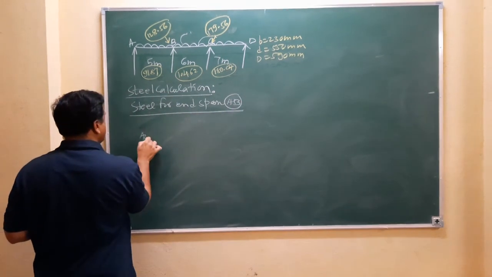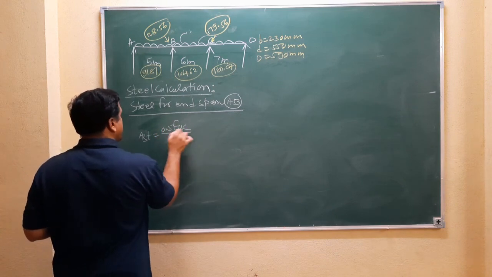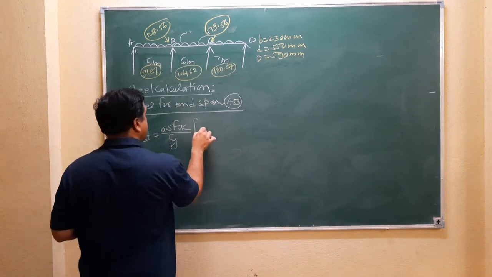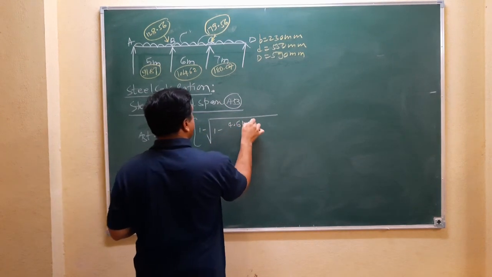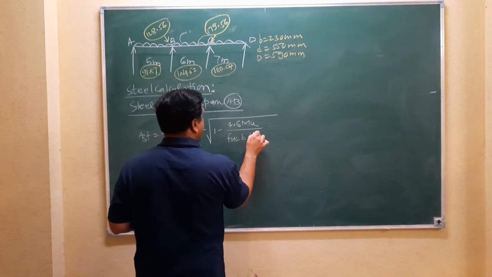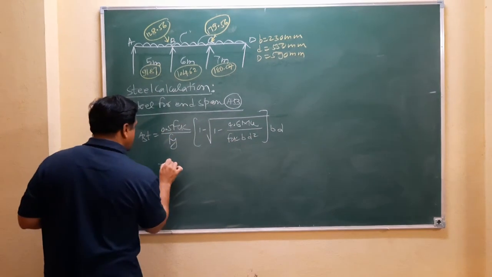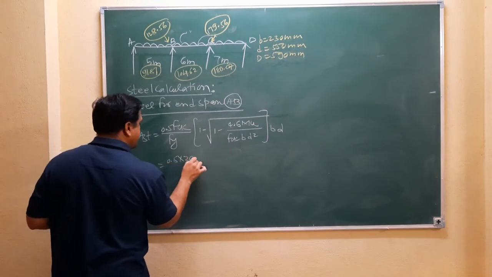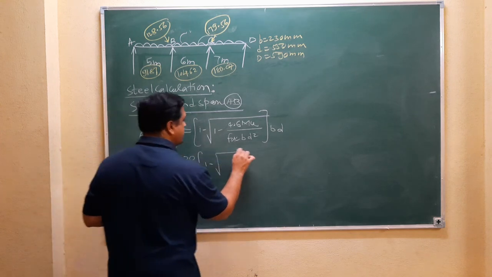The formula is Ast equal to 0.5 fck divided by fy, into 1 minus under root of 1 minus 4.6 Mu divided by fck b d square, into b d. So 0.5 fck is 20, fy is 415. We know these values.